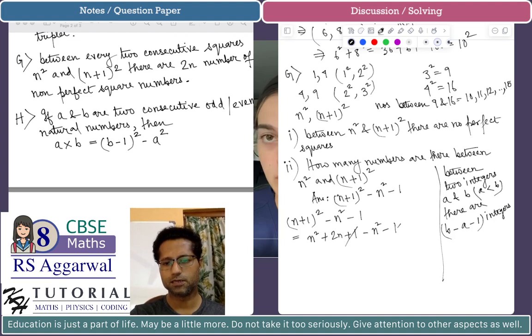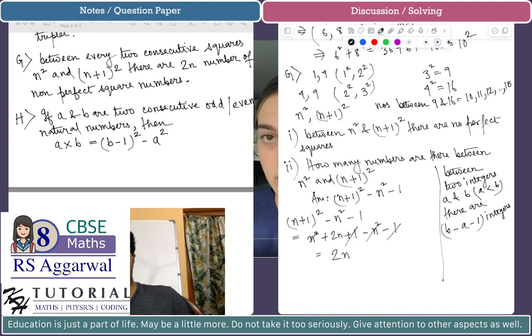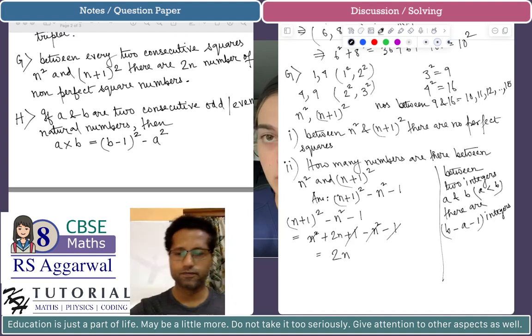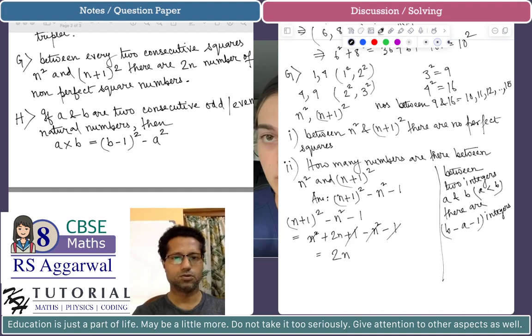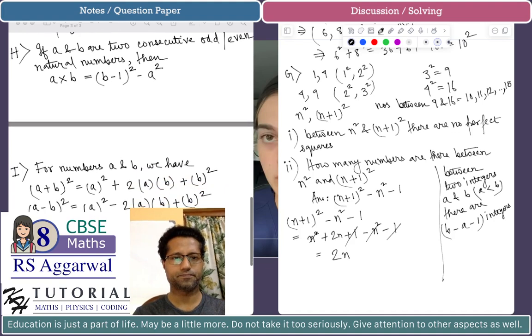So 1 cancels, n square cancels, and this comes out to be twice n. Hence the result: between two consecutive squares n square and n plus 1 whole square, there are 2n number of non-perfect square numbers. So that was property G.